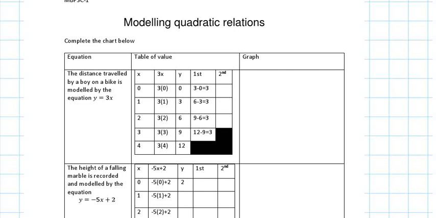Okay, so quadratic is a function. With linear, we used to have y equals mx plus b, where x is power of 1, yes?